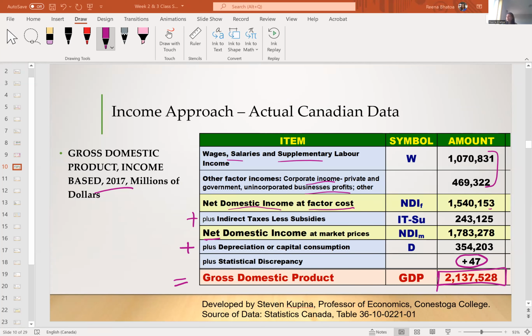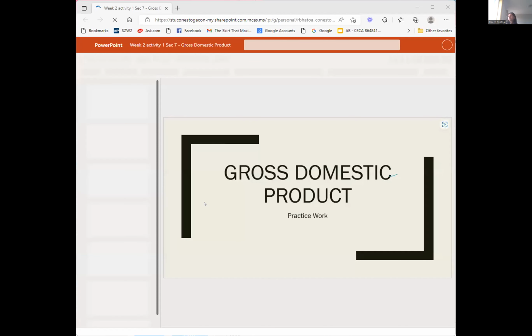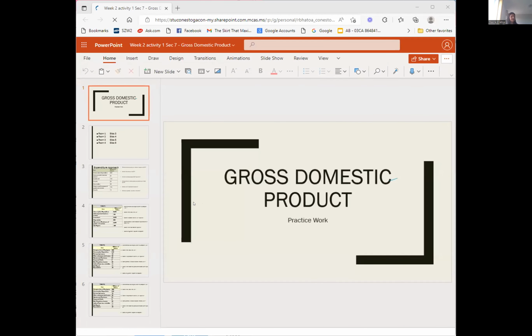I'm going to stop sharing these slides now, and I will open the document with you. It might take a few seconds to open. It doesn't open right away.